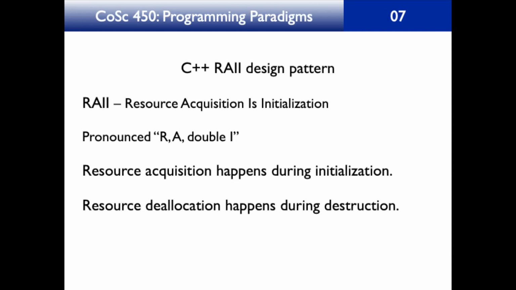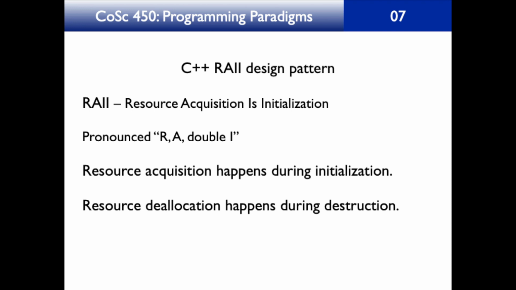So in summary, here's how the behavior works. This coding pattern is called the C++ RAII design pattern. RAII stands for Resource Acquisition is Initialization. The resource acquisition happens during initialization. In this particular code that we just looked at, the initialization happens when the method is called.